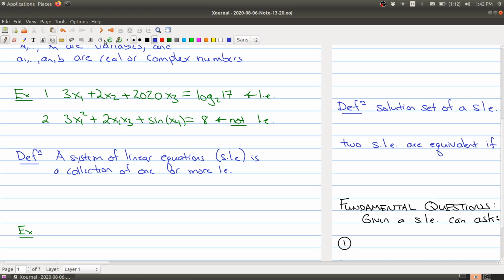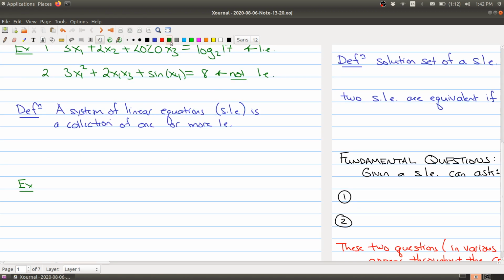So a very simple example of a system of linear equations would be something like this. 3x1 plus 2x2 equals 3, and negative x1 plus x2 equals 4. And let me just call this star so I can refer to it in a minute. So here we have two linear equations, and I have two variables.